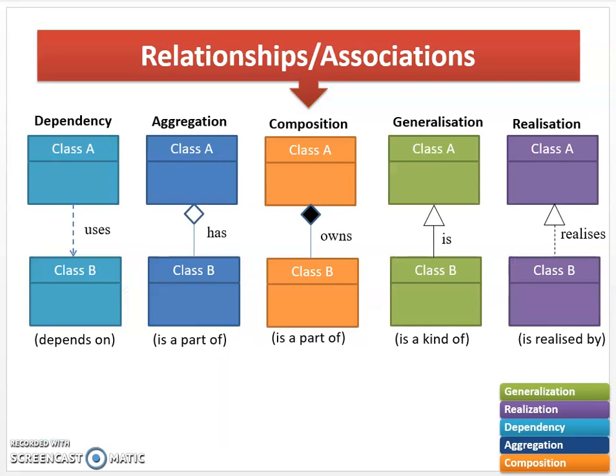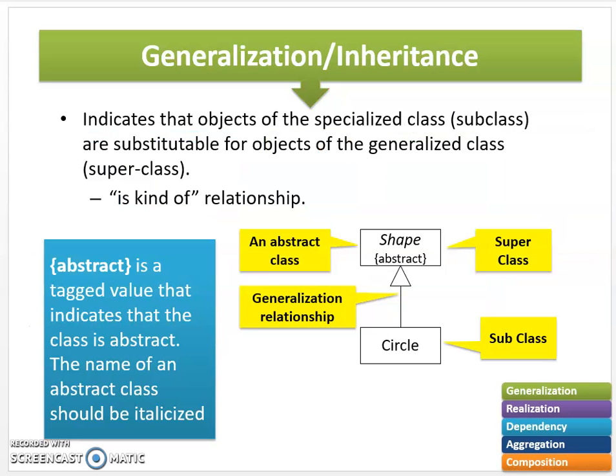The next relationship that we're going to cover is generalization. The generalization association is the relationship between the base class that is named as a superclass or a parent and the specific class that is named as a subclass or a child.